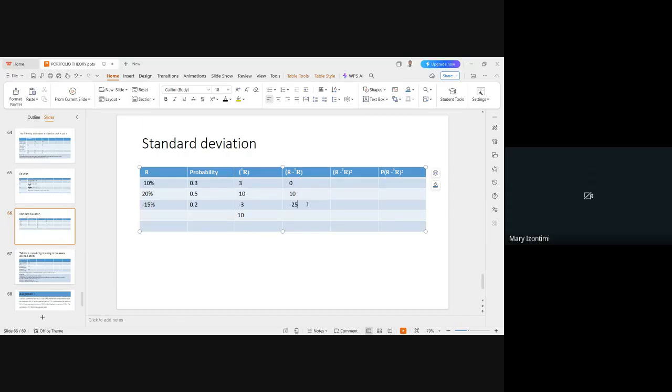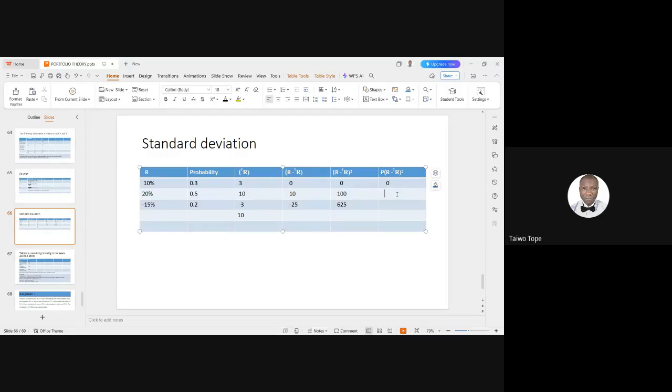When you now square each of these, 0 squared is 0, 10 squared is 100, minus 25 squared is 625.